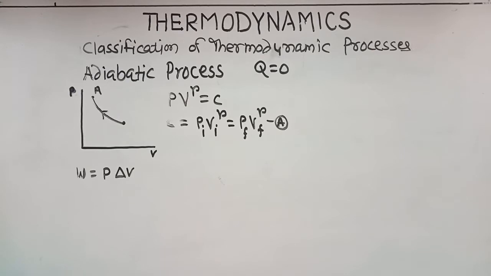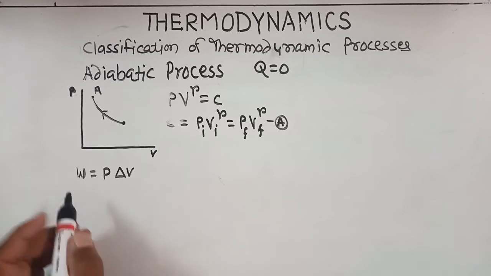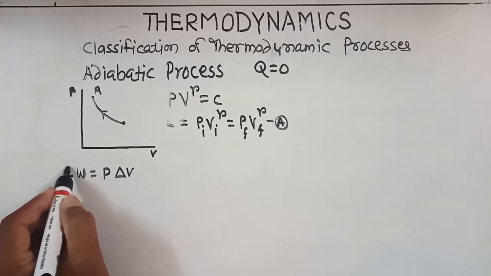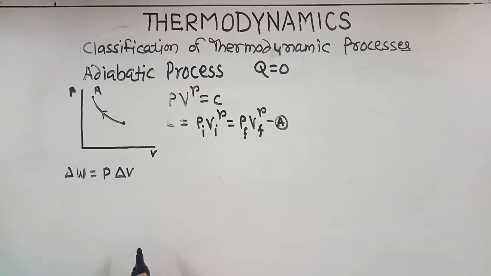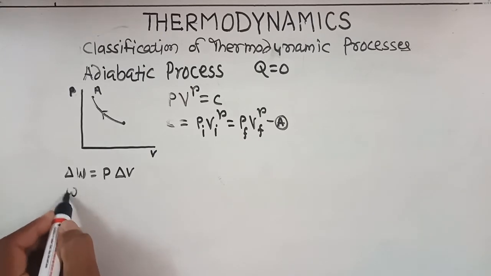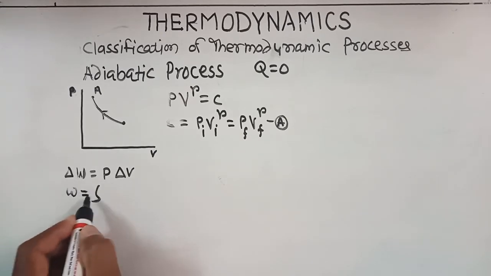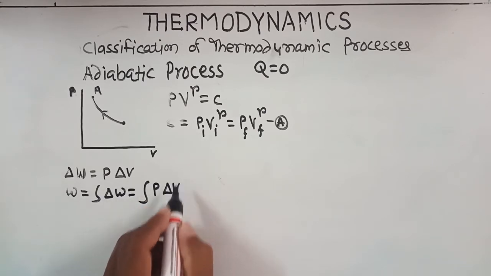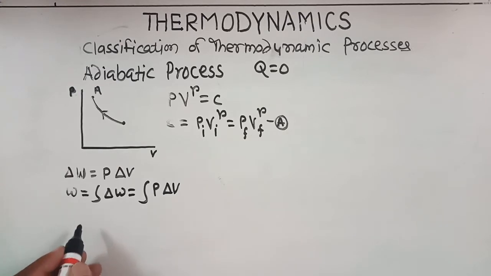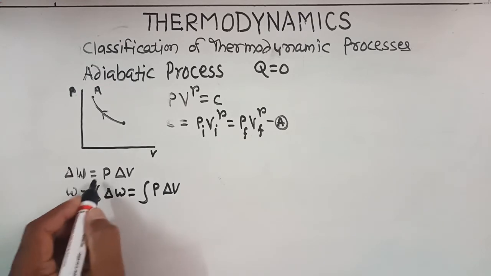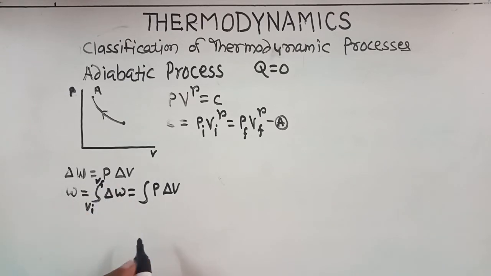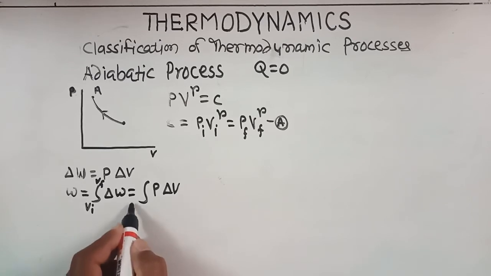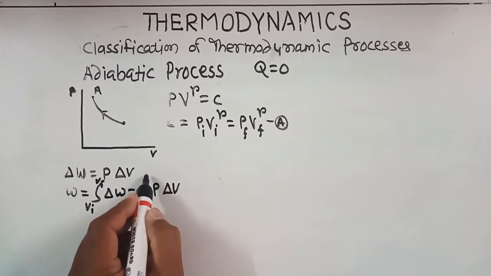This is the work done del W. We are interested in finding the total work done W. So this W is equal to the integration of dW, which is equal to the integration of P into dV. The limits are from Vi to Vf, from the initial volume Vi to the final volume Vf.